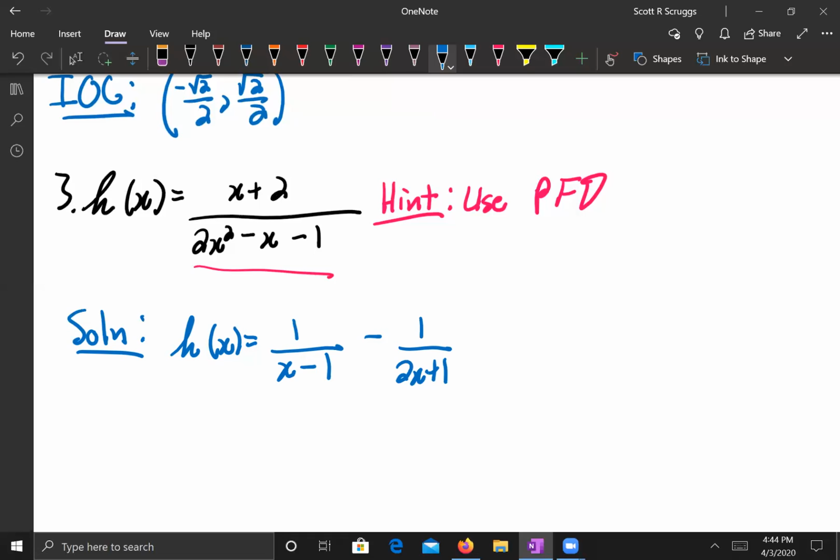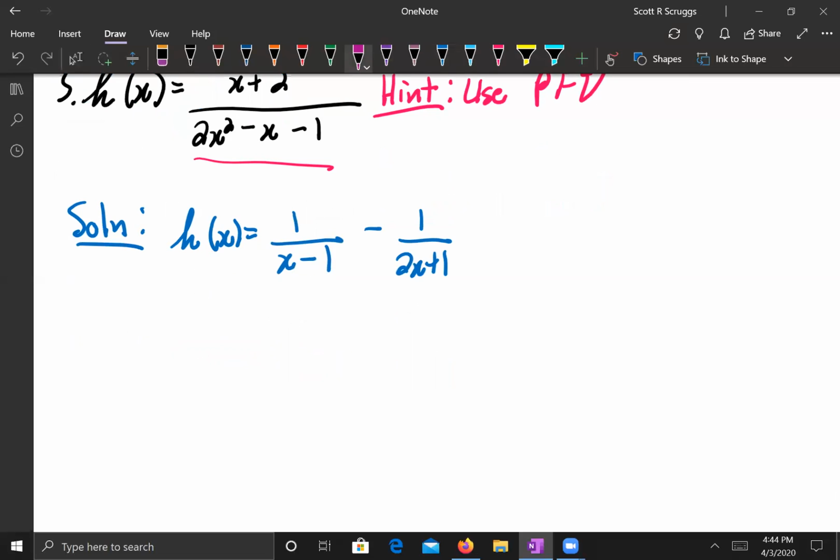Does anyone want me to go over PFD and how we got 1 over x minus 1 minus 1 over 2x plus 1? Sure, faster. All right.